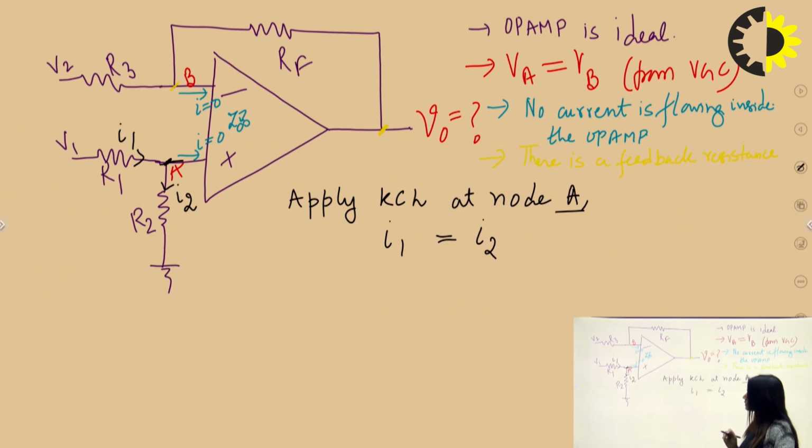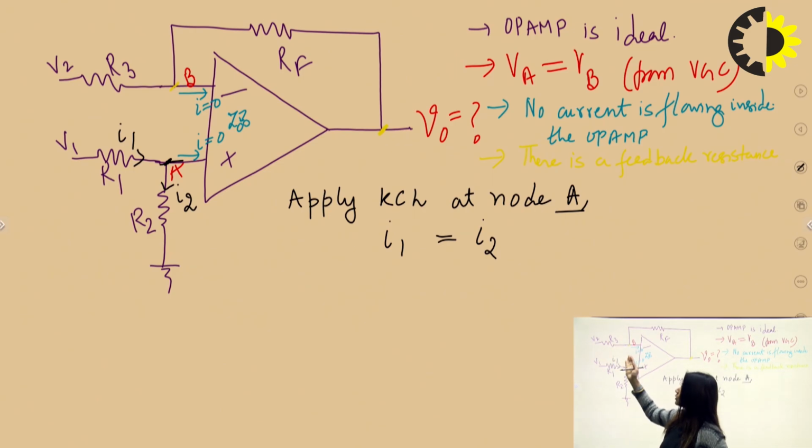Now what I know is that whenever a current flows, it flows from higher potential to lower potential.